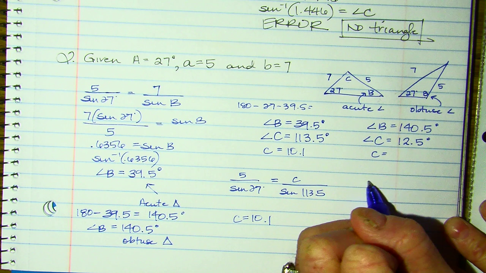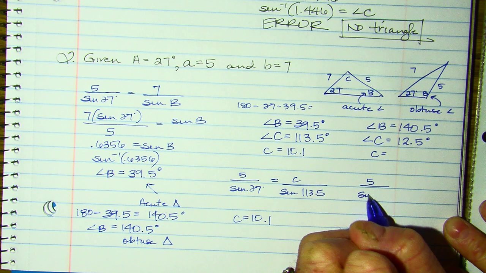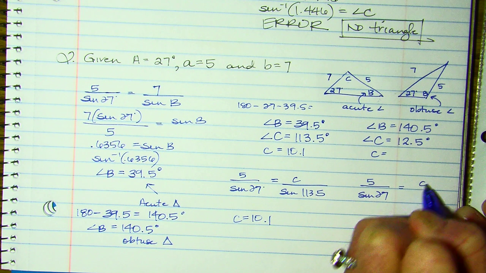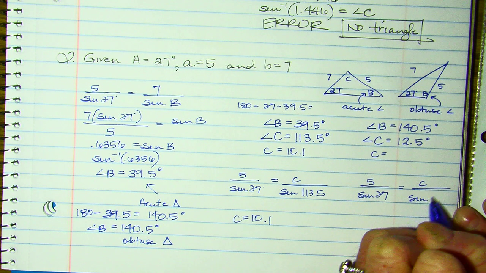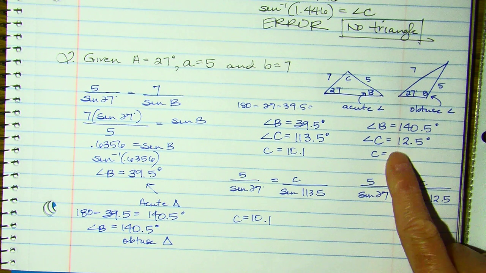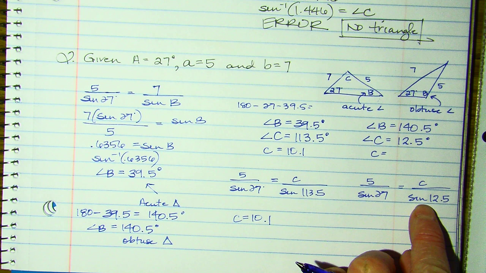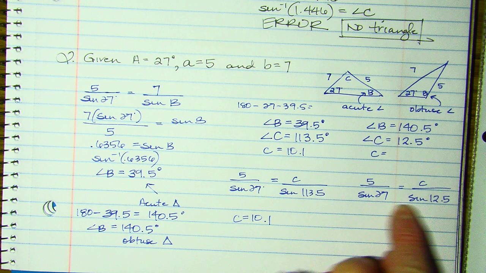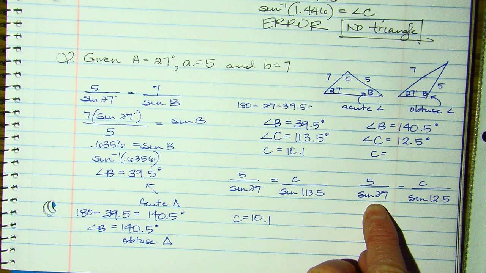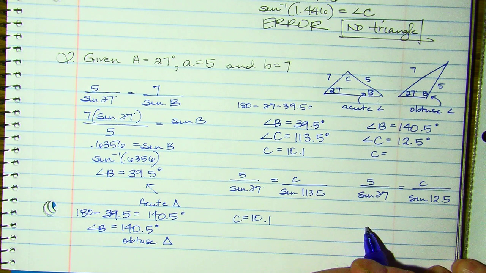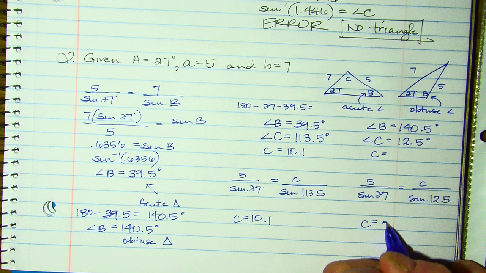However, over here, 5 over the sine of 27 equals c over the sine of 12.5, because the angle C is only 12.5 here. So I'm cross multiplying: 5 times the sine of 12.5 divided by the sine of 27, and on here I get that c is only 2.38.